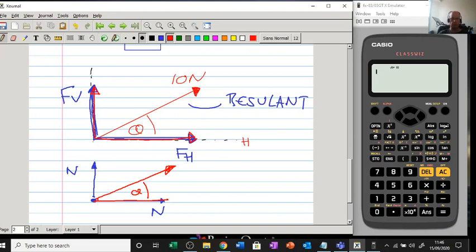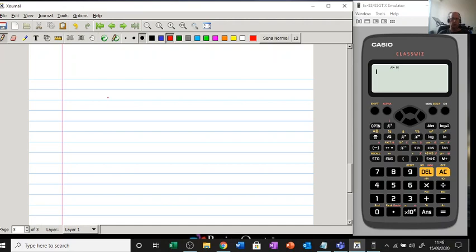So what we can do is, with this 10 newtons, we can break it down into its horizontal and vertical components. And there's the trick. So a bit of trig. We're going to use sin and cos now. So let's get a pen. If I've got a force like that, we call it F for our sake.